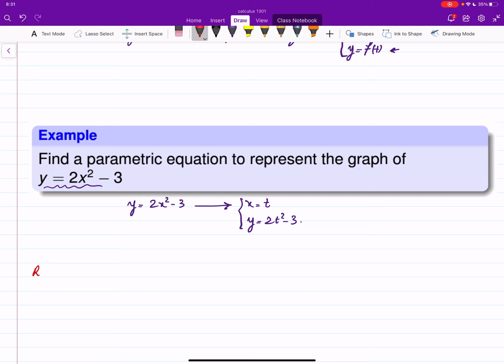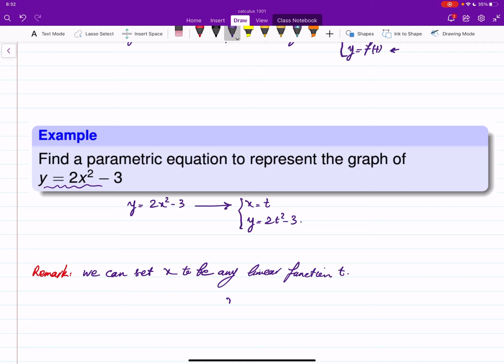Something that you have to note is that the parameterization is not unique. For example, we can set x to be any linear function in t.